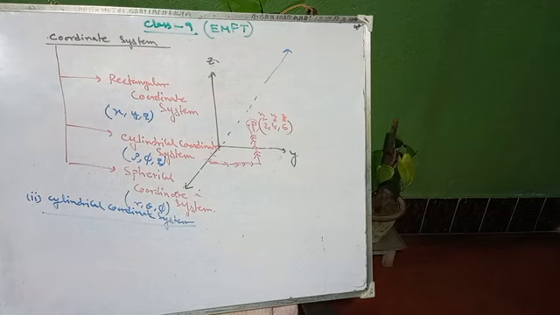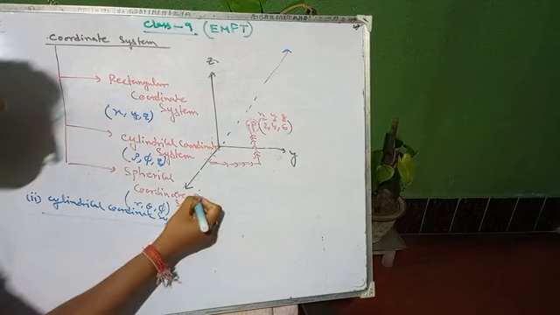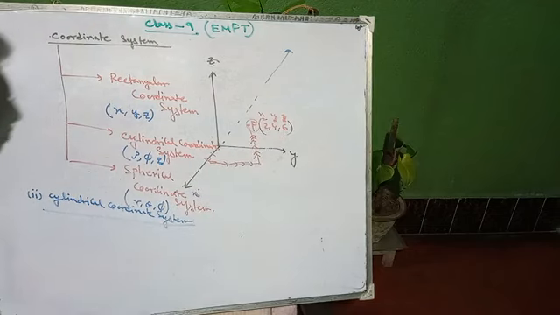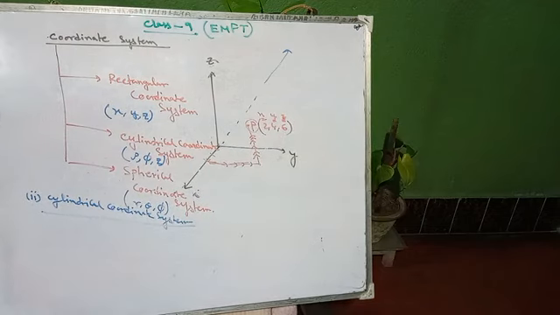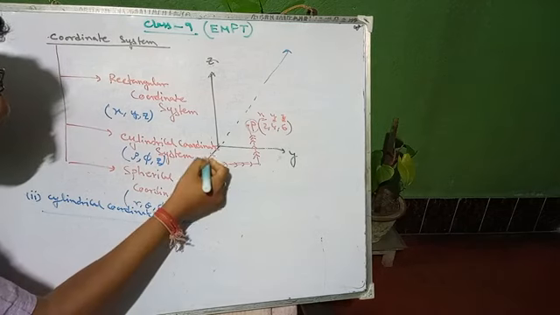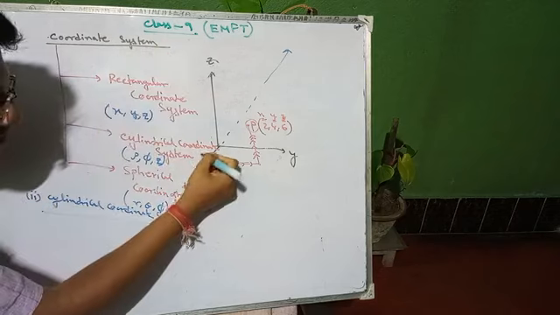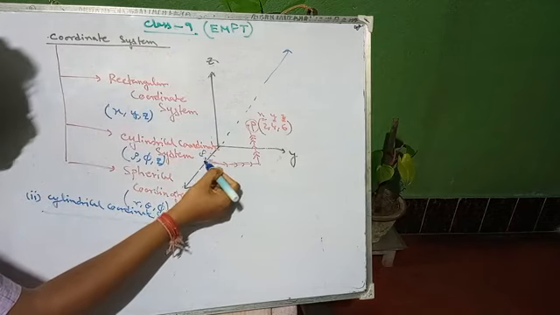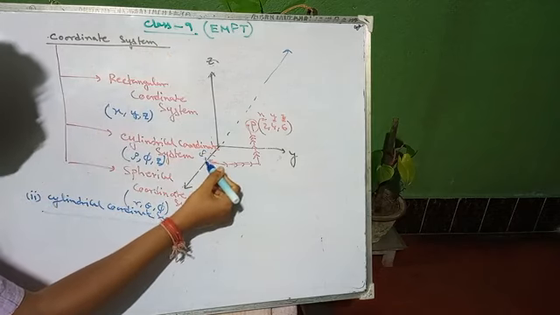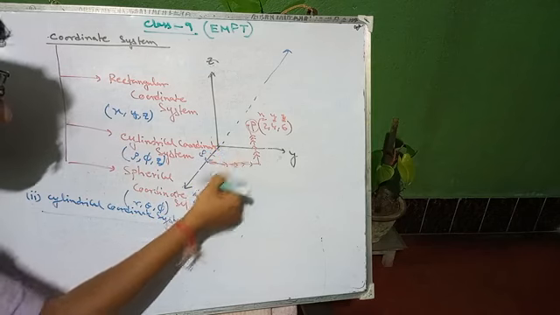So cylindrical coordinate system is, suppose we are taking XYZ reference. Okay, so how to locate this point P, same point over here. So you have to first take a radius rho. Suppose we are taking a radius rho. Okay, this is your rho, and after taking this radius, you have to move it by some angle in XY plane.